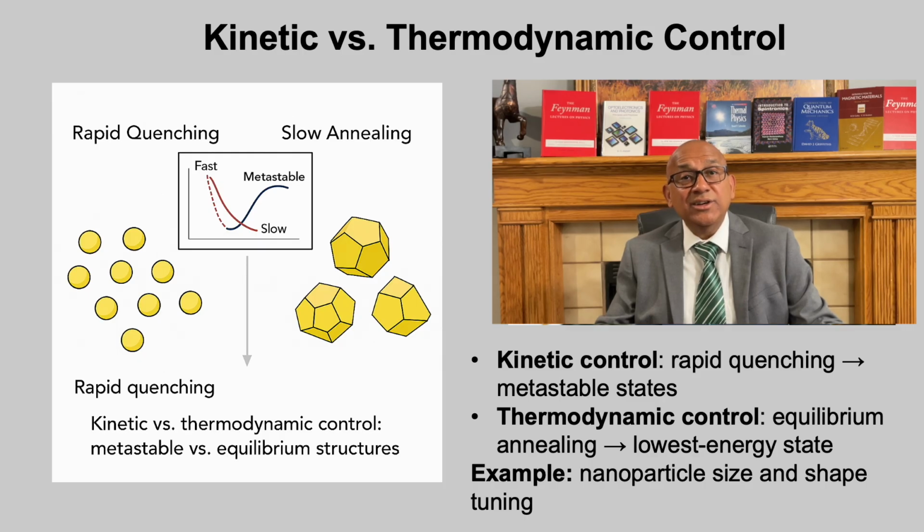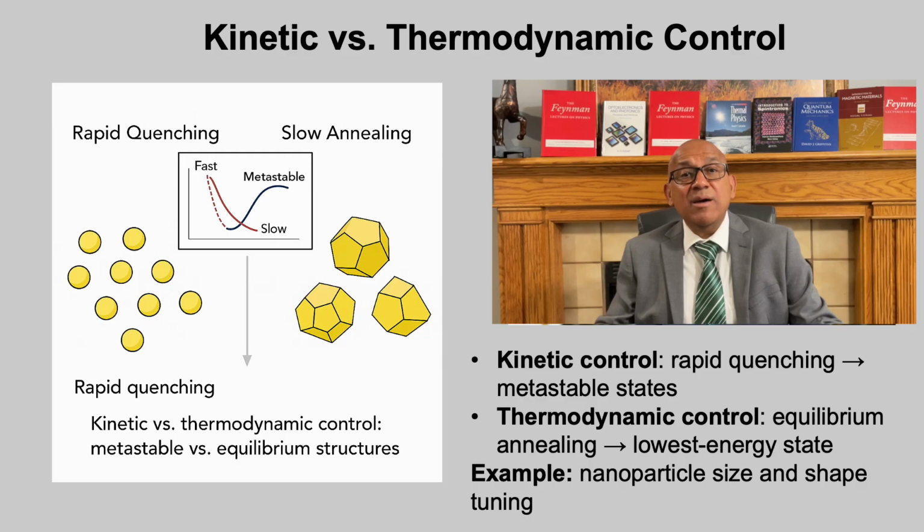In contrast, under thermodynamic control, the system has enough time or energy, through slow growth, annealing, or long reaction times, to relax into the lowest energy state. This usually produces more uniform, faceted nanoparticles that minimize surface free energy.